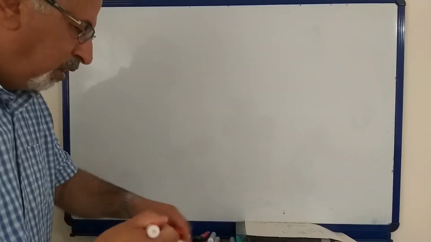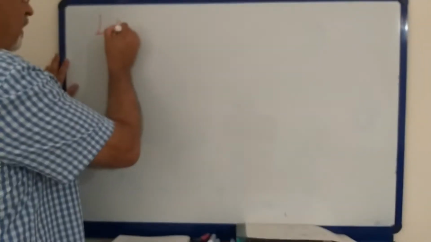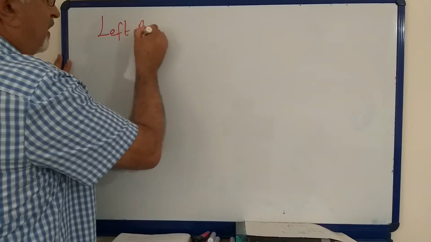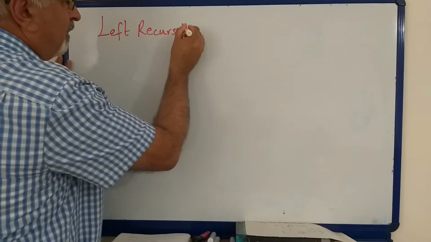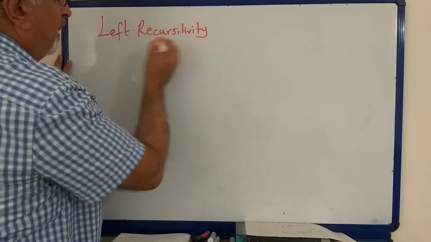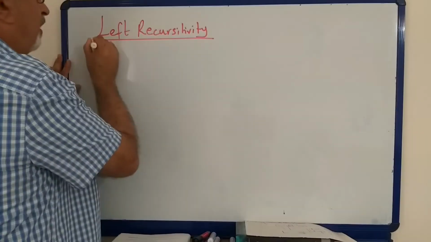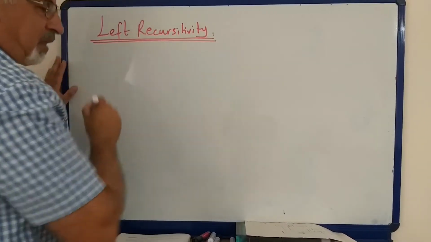What is this algorithm? It's called the left recursivity algorithm. What is the meaning of this?